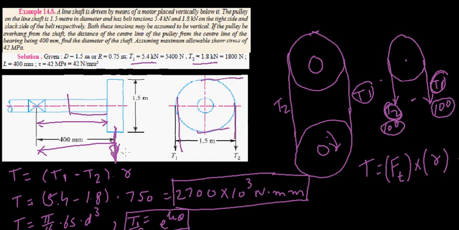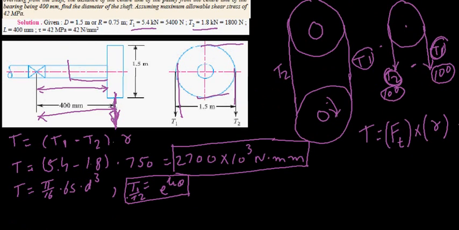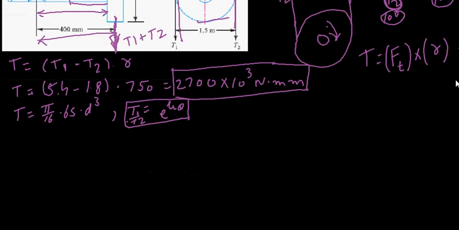It would be equal to T1 coming downwards and T2 coming downwards, plus the pulley's own weight. But in this problem we don't have the pulley's weight, so for now the force acting downwards is nothing but T1 plus T2. We know what T1 is, we know what T2 is, so let's add it.